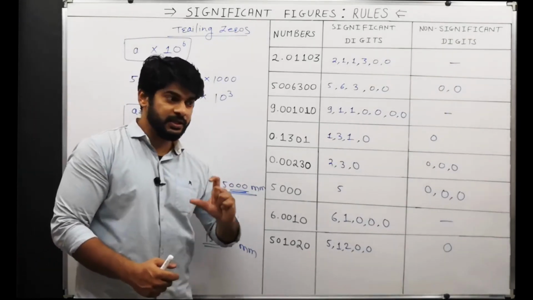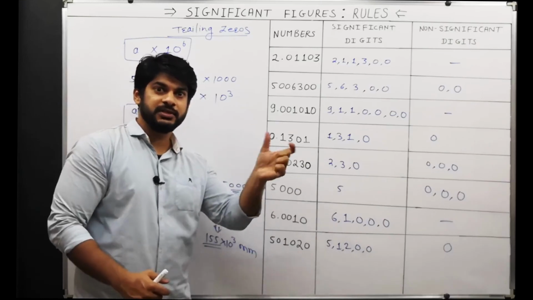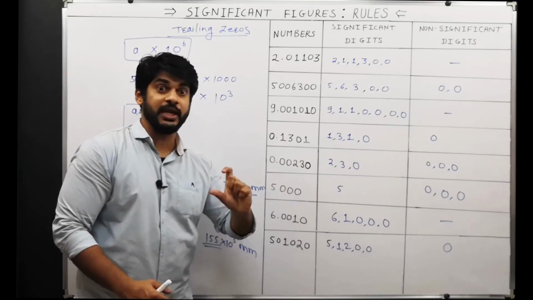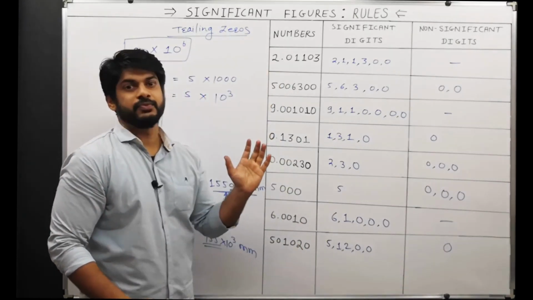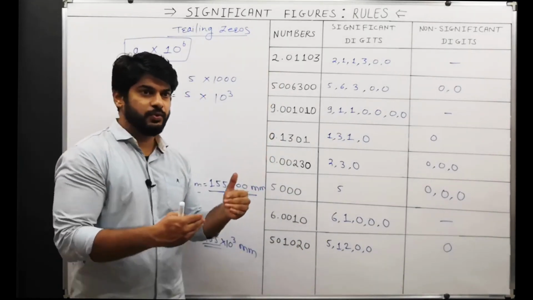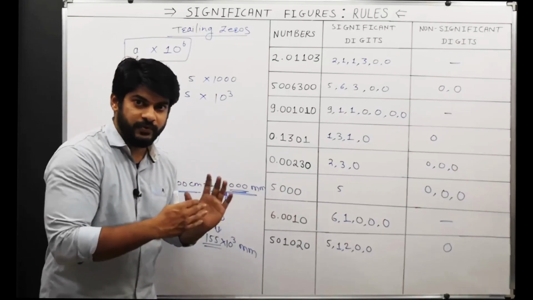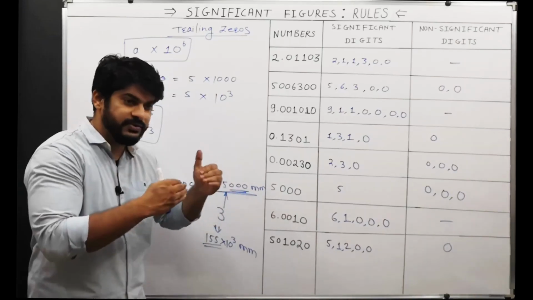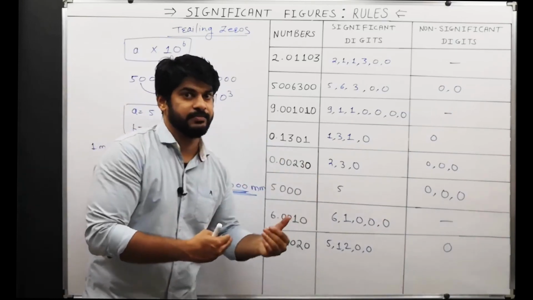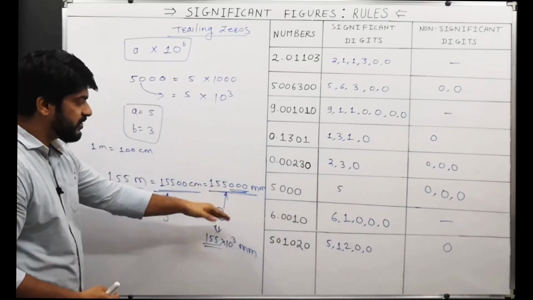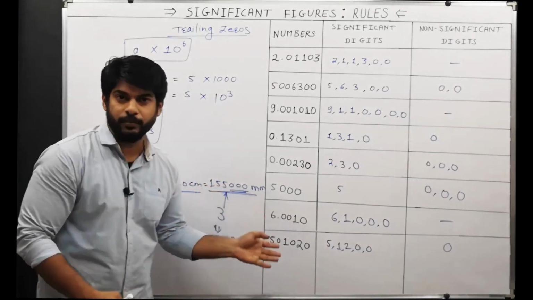Significant figures are those digits which actually give us the information hidden in the number. Information is like the magnitude of that physical quantity, and then the precision to which it is measured. Over here there is no precision mentioned because there is no decimal point.